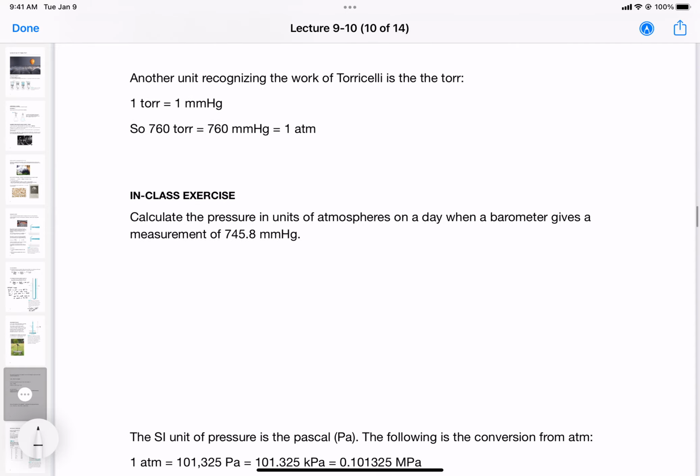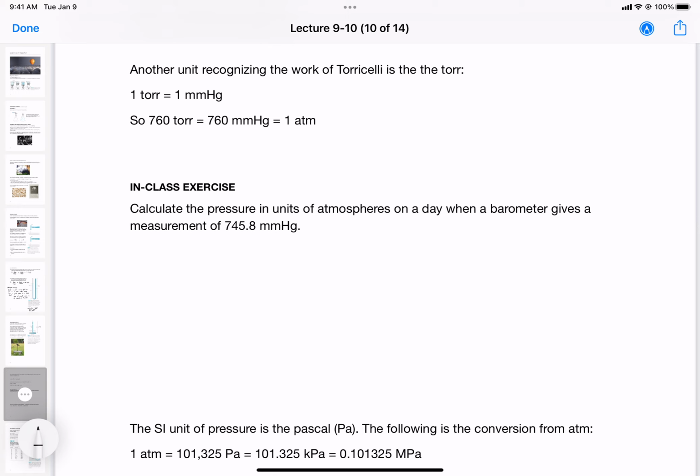Okay. All right. So let's do a pressure calculation. Hopefully this is familiar to everyone. Probably the only time you'll have to change pressure units is when you're doing a gas law equation or the ideal gas law. Sometimes we'll give units in millimeters of mercury or torr, and you're expected to convert that to atmospheres.